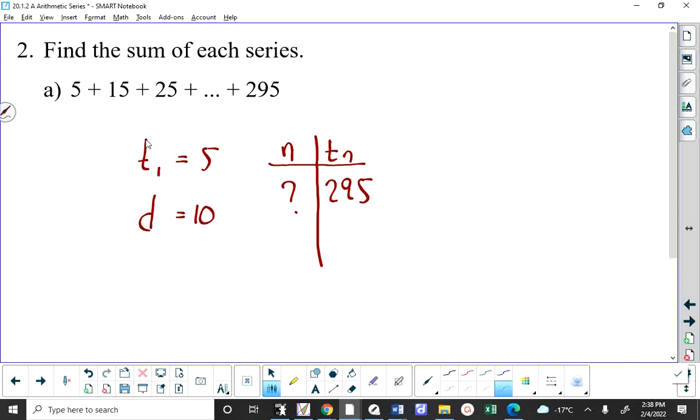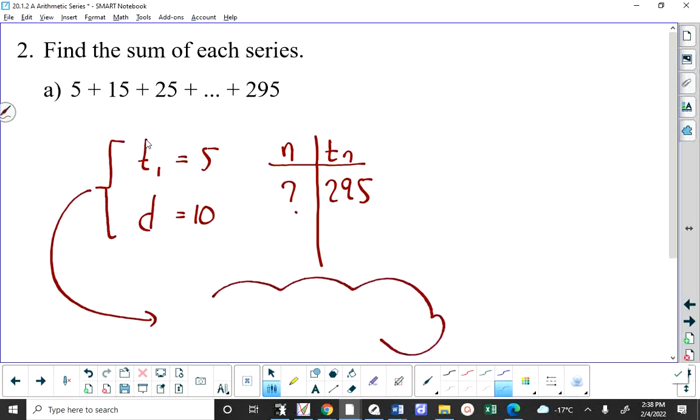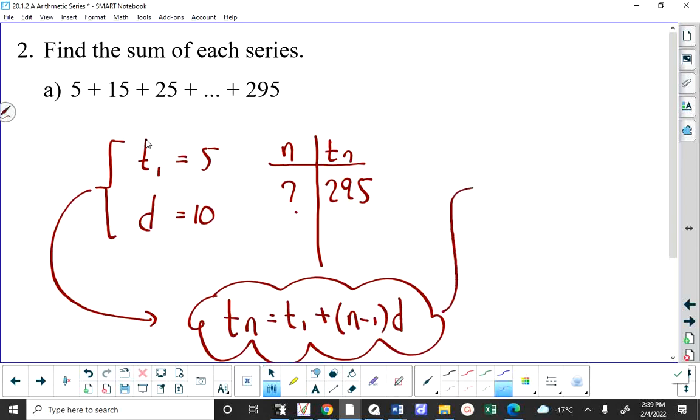When we put in these two things and we run them through Tn equals T1 plus n minus 1 times d, we get Tn equals 5 plus n minus 1 times 10. Clean that up a little bit.